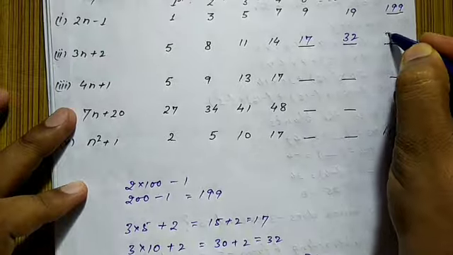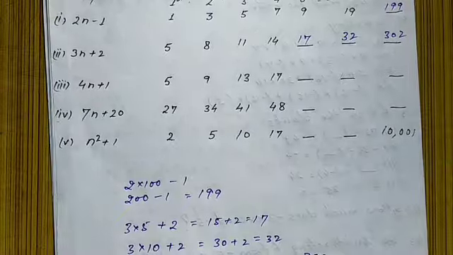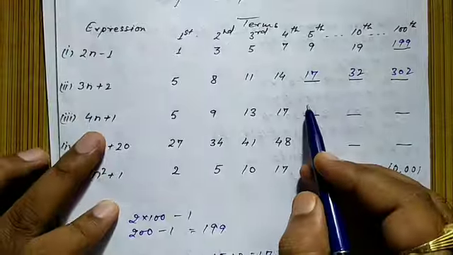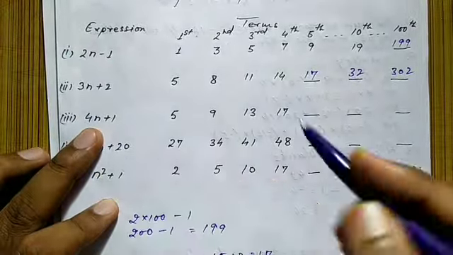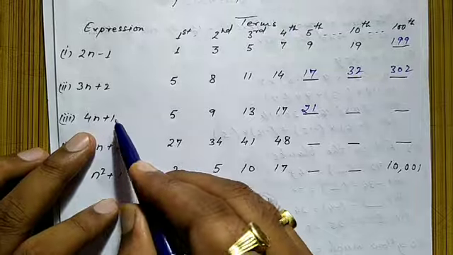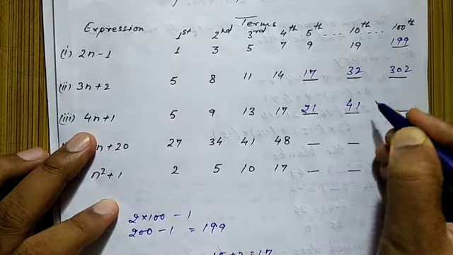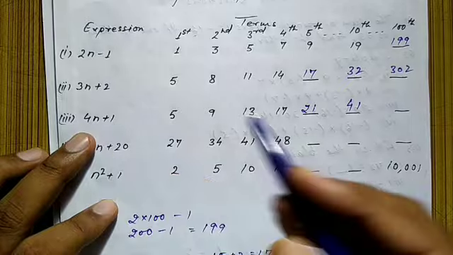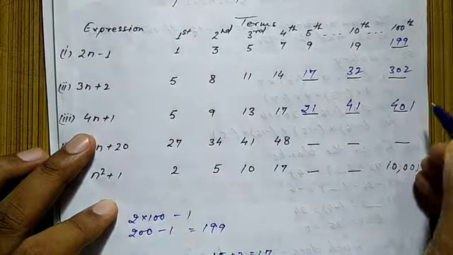Okay, so here 302. Similarly here fifth term, 5 fours are 20, 20 plus 1, 21. Okay, 10th term, 10 fours are 40, and 40 plus 1, 41. Now 100th term, 100 fours are 400, 400 plus 1, 401.